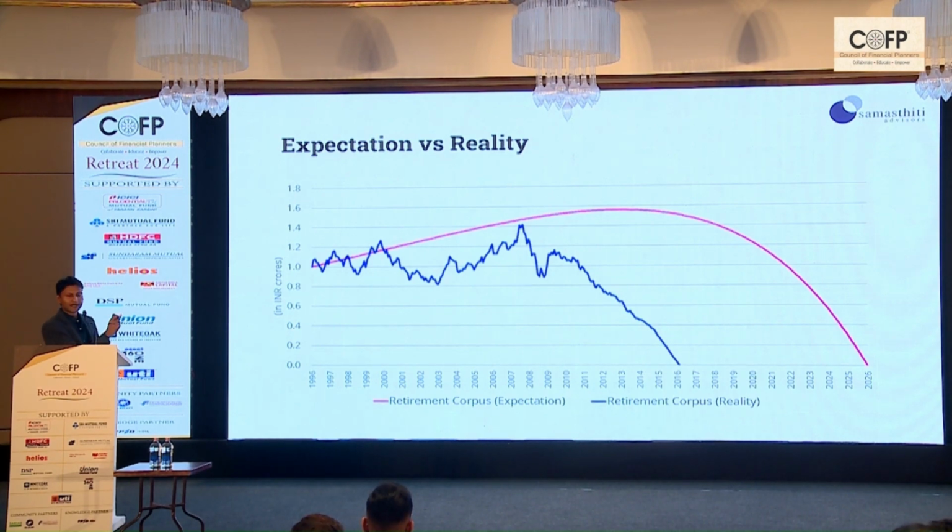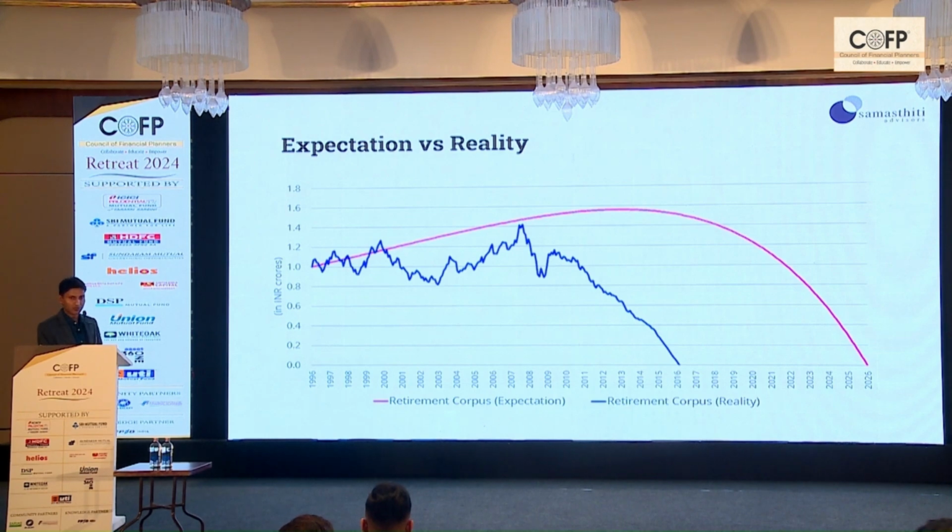In the bull market of 2003 to 2007, 2008, you can see how the retirement corpus has actually recuperated so well. By 2007, actually the portfolio has come back to its expected value, right? And Shalini is very happy, Maya is happy as well.